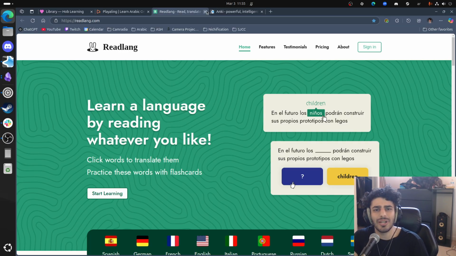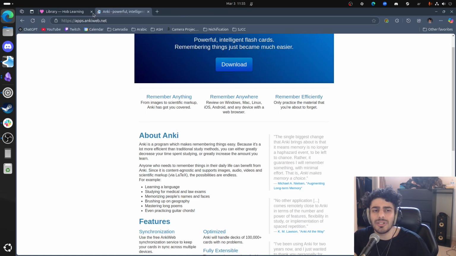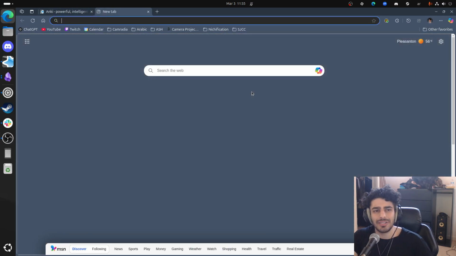So there's some tools. One of the biggest problems with Arabic overall is that there aren't really many resources. Unfortunately, this language hasn't been invested in like, for example, Japanese or Chinese or Spanish. Spanish has so many resources.